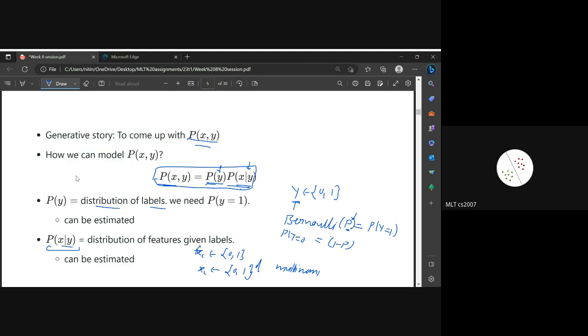But we can even simplify these things, and we will look at how. Once I know these two distributions, I know p of x and y, and that is my ultimate goal. I can use this distribution to make predictions, and we'll see how we can make use of it to find the predictions, right?